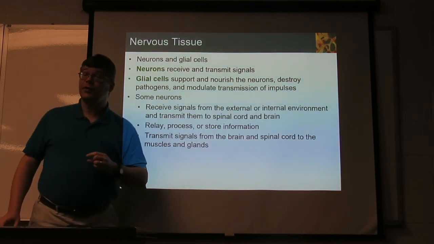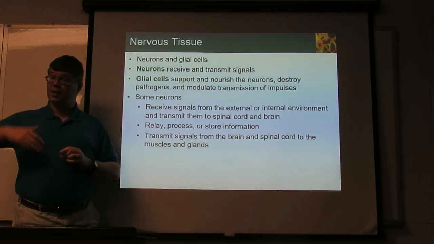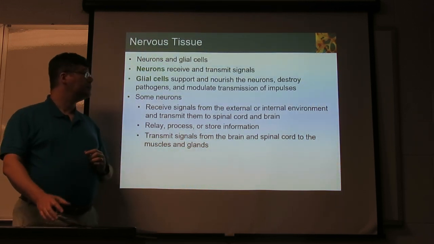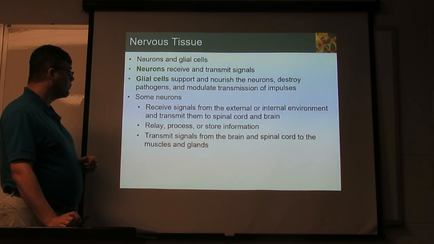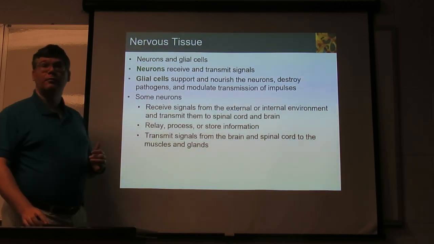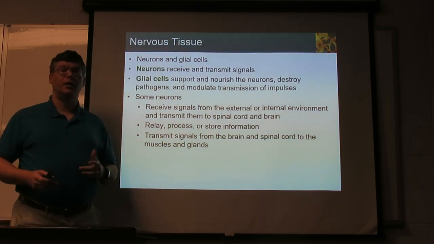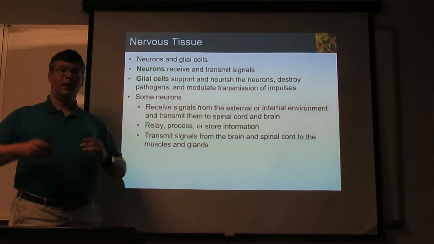So the function of neurons, again, is to receive and process and pass along signals. These may come from the outside or the inside. So for example, right now, hopefully you are paying attention to some signals coming from your ears about what I am saying.